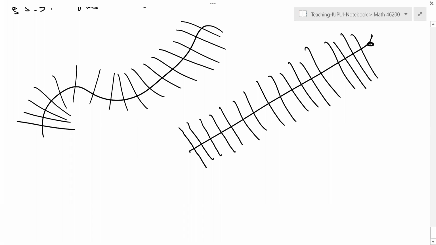I'm going to try this. This is an arbitrary curve, okay? I'm going to call it gamma U, and you can assume that U is the arc length of the curve. Then along the curve, I'm going to have to use another vector field.